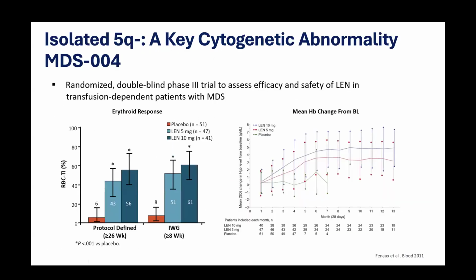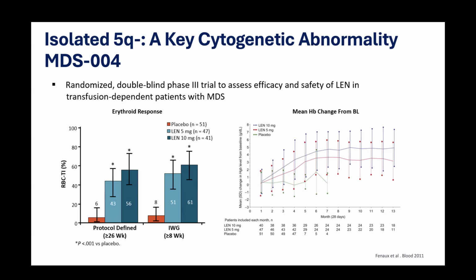Now, apart from mutations, sometimes that chromosomal abnormality we talked about in the FISH test is also a very, very key test in MDS diagnosis because it puts you in a completely different category if you have only an abnormality in chromosome 5q or you're missing 5q, which is also called 5q minus syndrome or MDS with 5q minus.